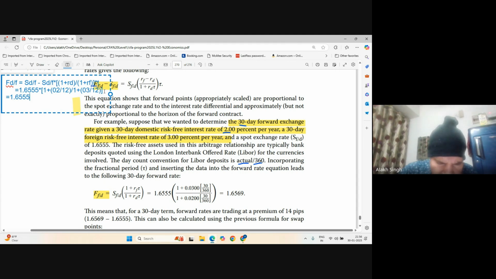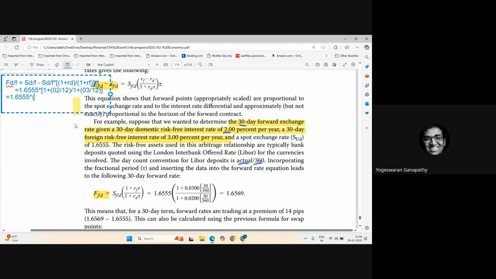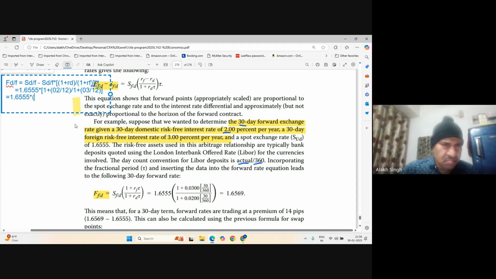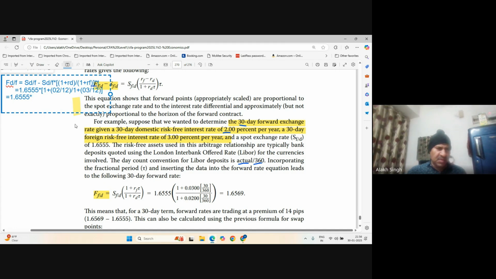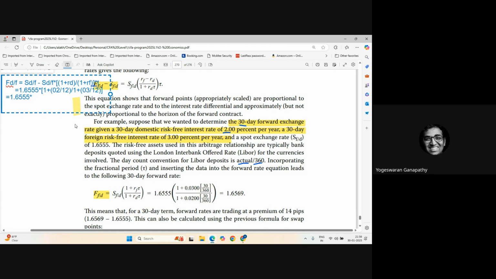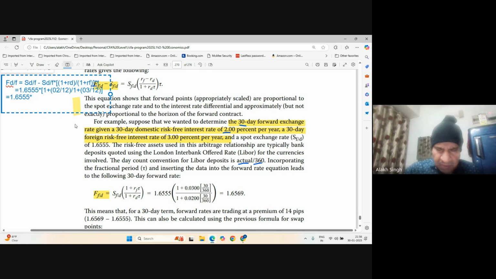So this one is equal to 1.655 times the whole value. How much? It should be less than that, 1.655. 1.6541. Okay, very good. 1.65 is correct.